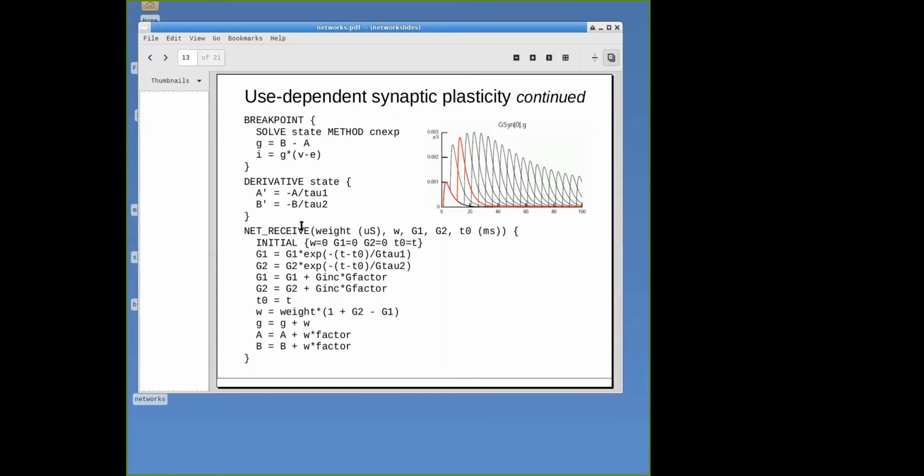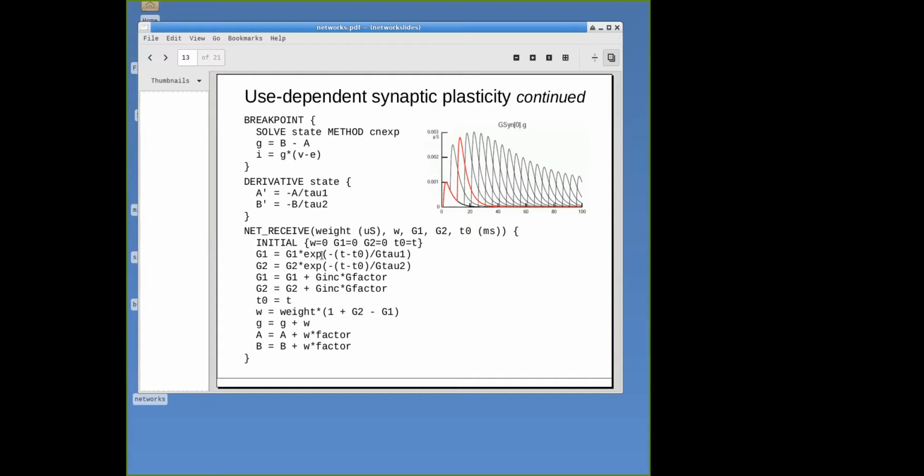Now, what happens here when an event arrives? When an event arrives, the values of G1 and G2 are updated from whatever they were previously by multiplying by a term that looks interesting.